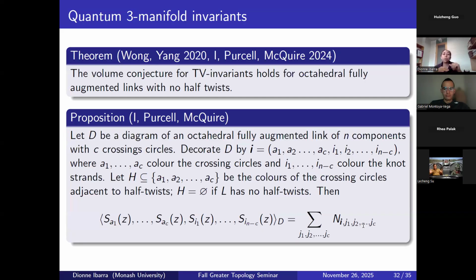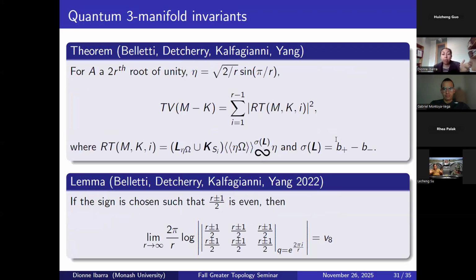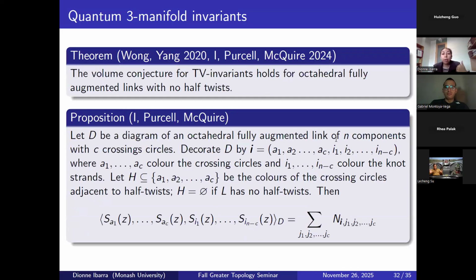So we used this formula instead of this formula. So we're now just looking at fully augmented links and proving the conjecture for fully augmented links without going to the fundamental shadow links. And this is probably too much, but this is how we did it.